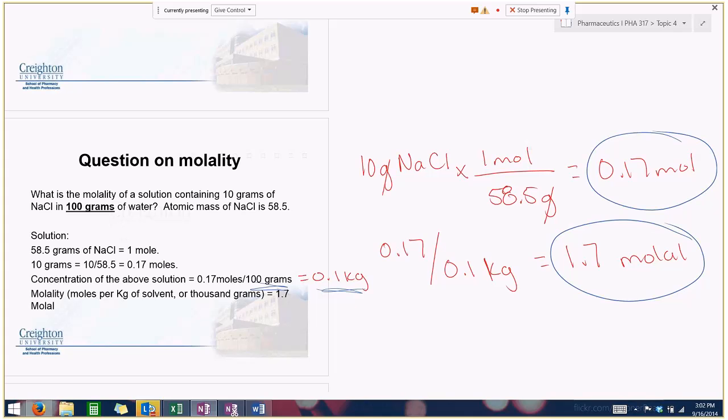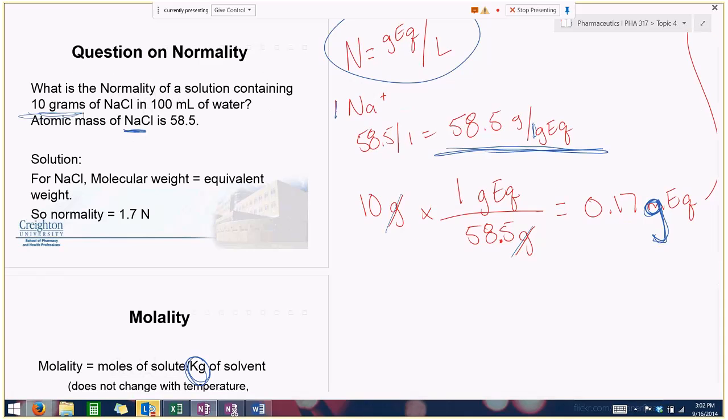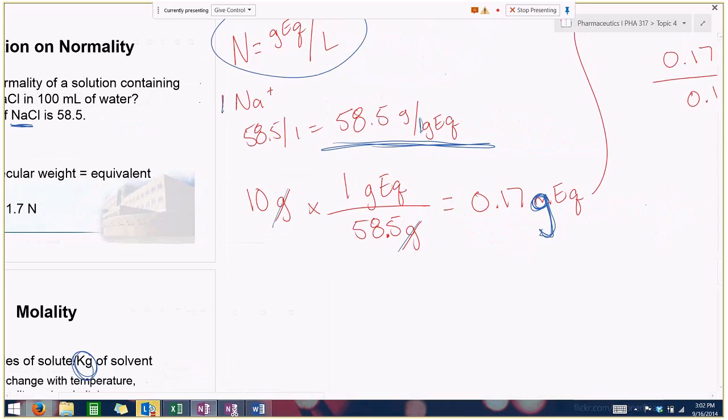Oh, yeah. Well, that's probably because we keep using 10 grams of sodium chloride. See, we use 10 grams up here, which, 10 grams divided by 58.5 gave us that. So that was because our gram equivalents happened to be the same number as our weight since we only had one sodium.